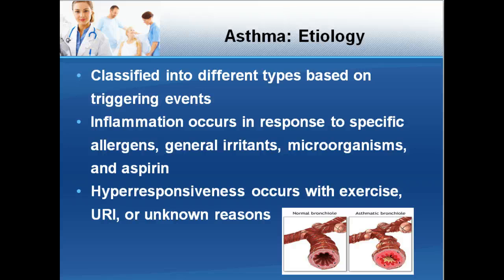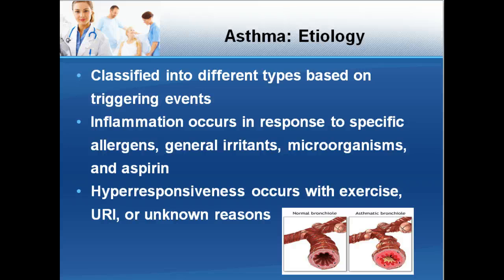Inflammation occurs in response to specific allergens, general irritants, microorganisms, and aspirin. Hyperresponsiveness occurs with exercise, upper respiratory infections, or unknown reasons. So you'll have two different types of triggering events.